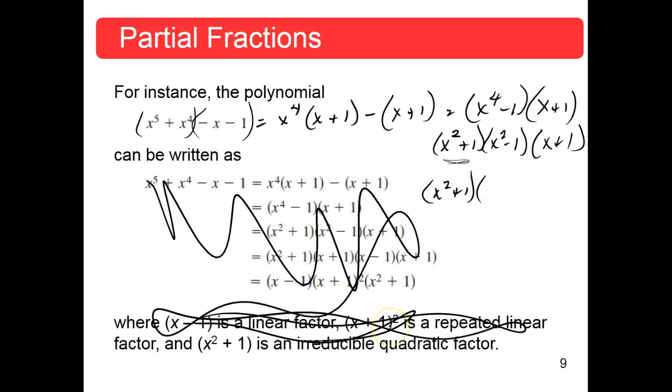But the second one, what will that be? The x plus 1, x minus 1. And then we have another x plus 1 here. So actually this can be written a little simpler. It's x squared plus 1, irreducible, times x plus 1 squared, because there's two of those, times x minus 1.